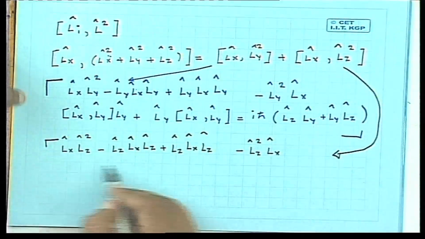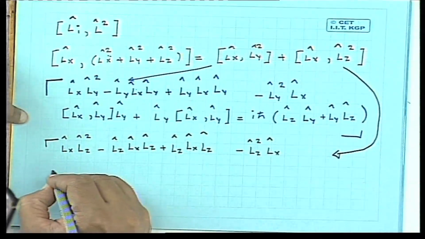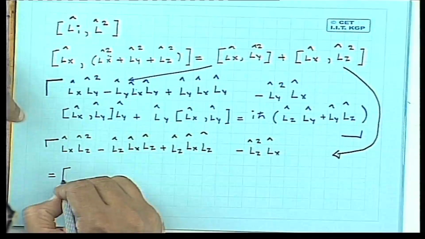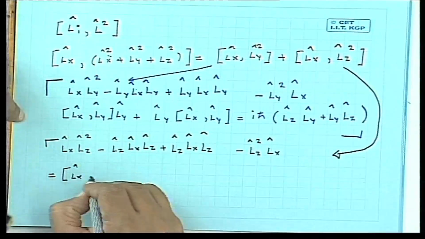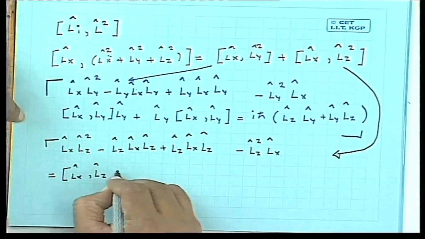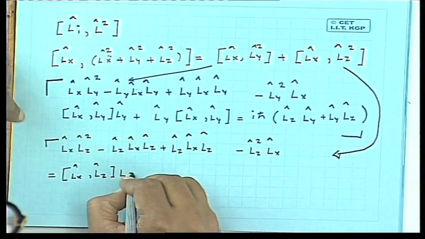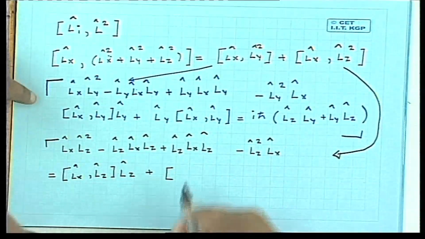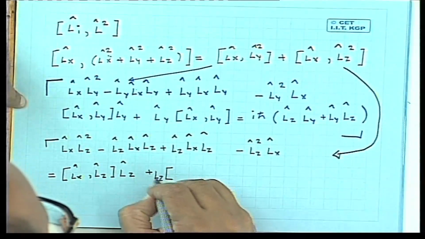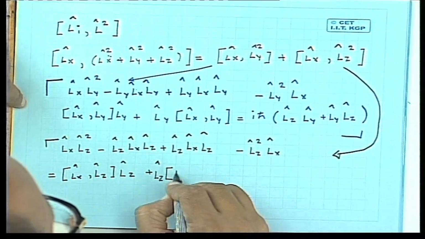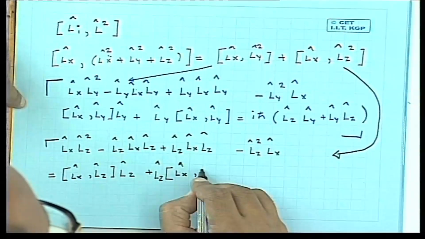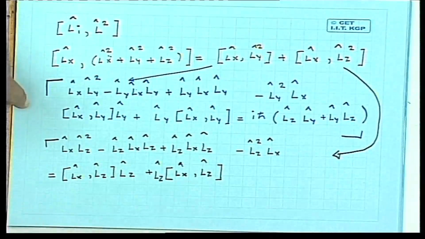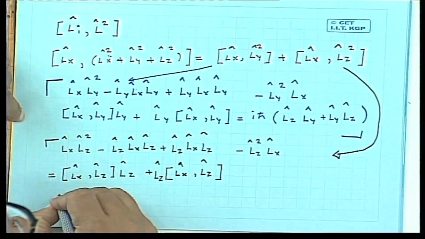Now, the first two terms can again be grouped into one commutator, where we can take the Lz common on the right hand side. So, what we have is Lx commutator with Lz, and we have Lz over here, plus the commutator where we can take Lz common here, Lx comma Lz.